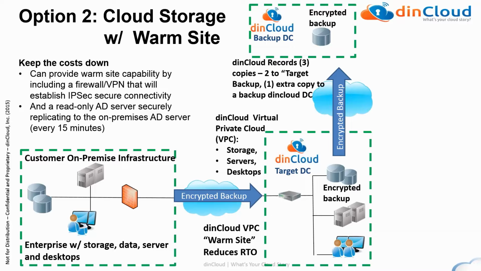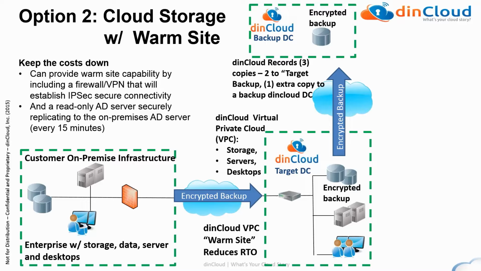Right, the warm site storage. Warm site storage provides you capabilities where you can duplicate and replicate your existing infrastructure today. When I say duplicate and replicate, it means you can have relevant, important servers such as firewall and VPN hosted in dinCloud. They're on standby.